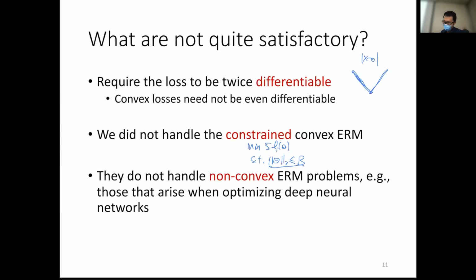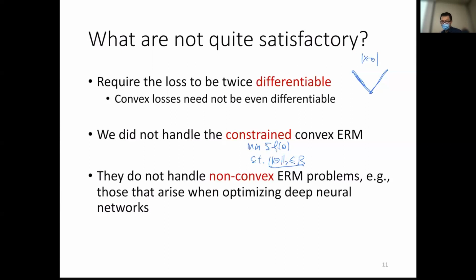And in addition, as I mentioned earlier, one good characteristic of these popular machine learning optimization algorithms is that even though for non-convex problems such as the training of deep neural networks, we don't really have much to say about theoretical guarantees, these methods do work in the non-convex world.